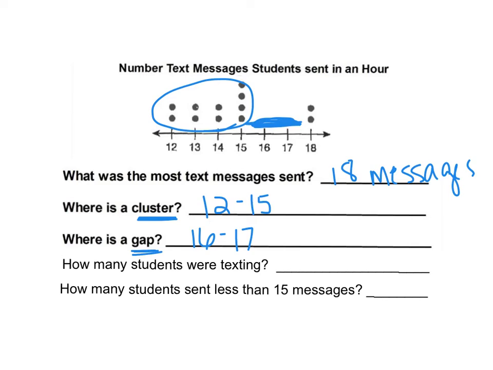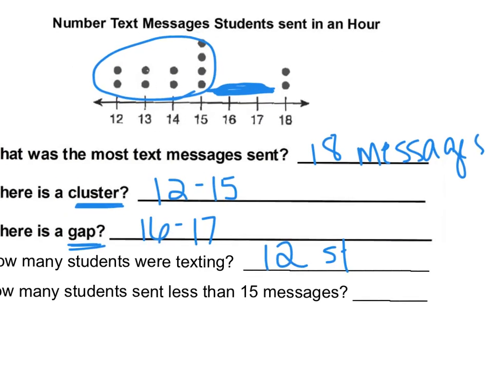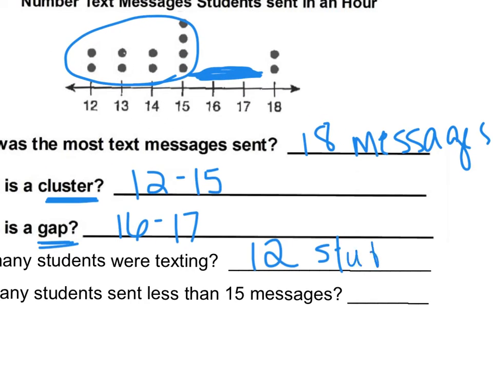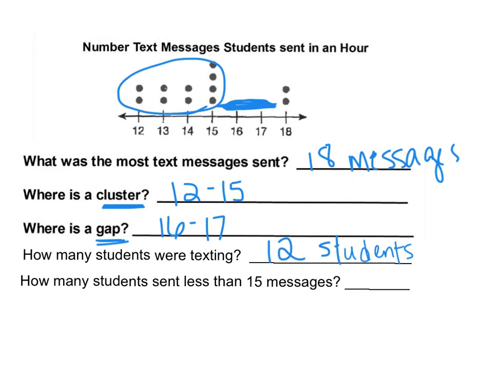How many students were texting? So again, you're going to add up how many dots there were. And we would find that there are 12 students who are texting. Okay, we should be labeling our answers every time. So if you haven't, go back and do that.